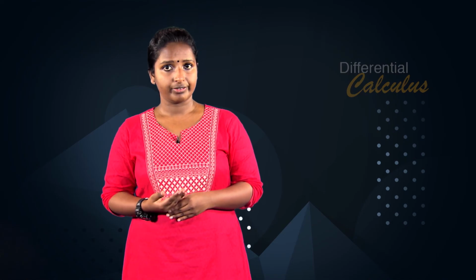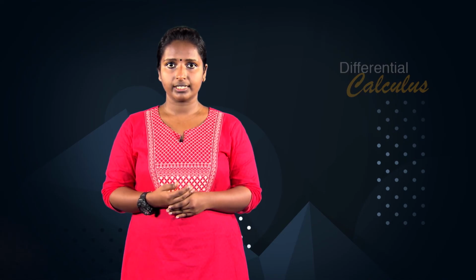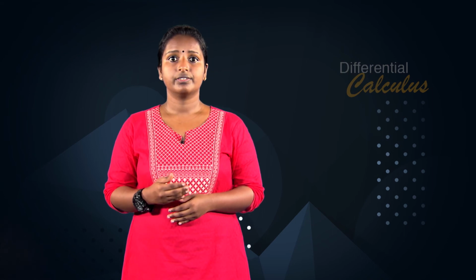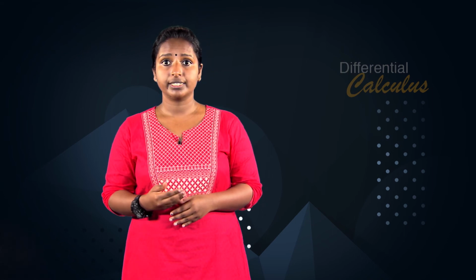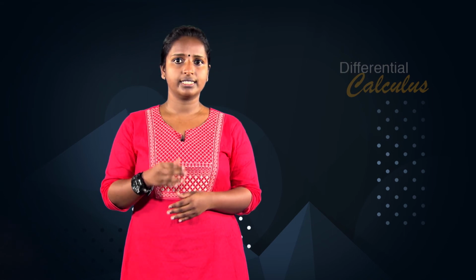Functions defined by power series. If a function f is expressed as a power series on some interval, then we say that f is represented by the power series on that interval.